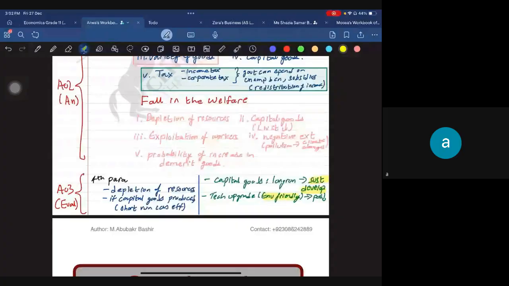Welfare of the citizens. Just keep that word in mind. So we mentioned capital goods, then the technology.